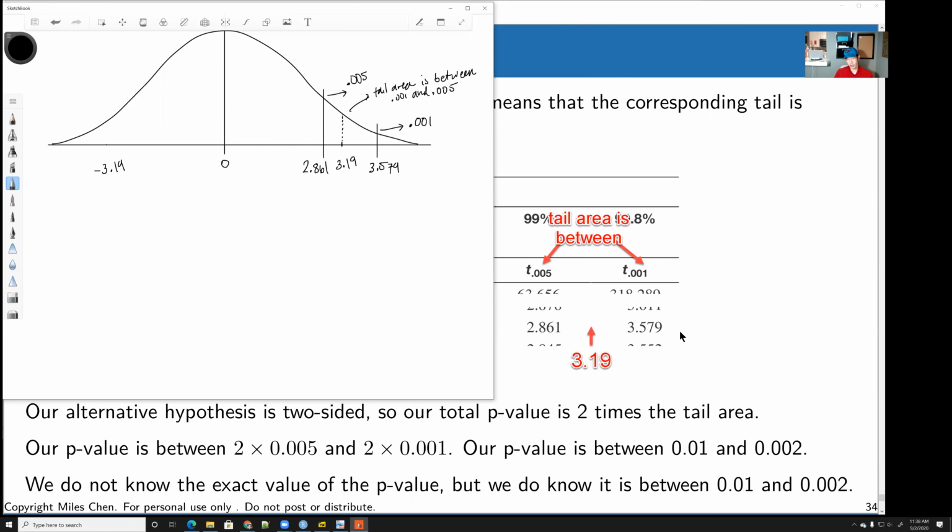Here's a question. What if my t was, say, 4.2? What can I say about my tail area?